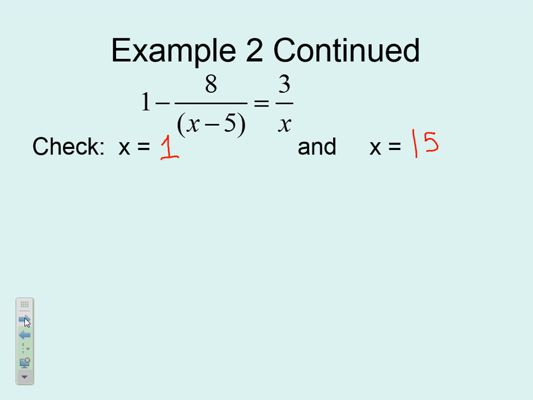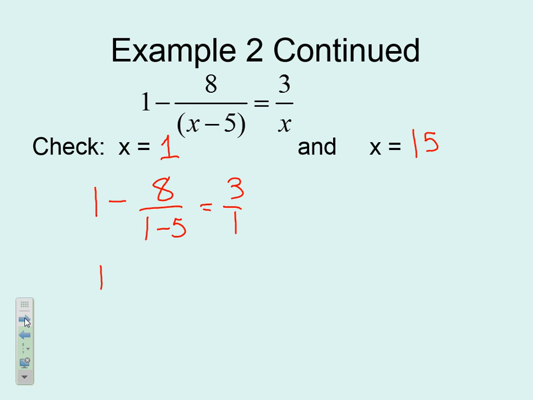So we're going to plug it into our original problem. So I'll plug in 1 minus 8 all over 1 minus 5, which equals 3 over 1.